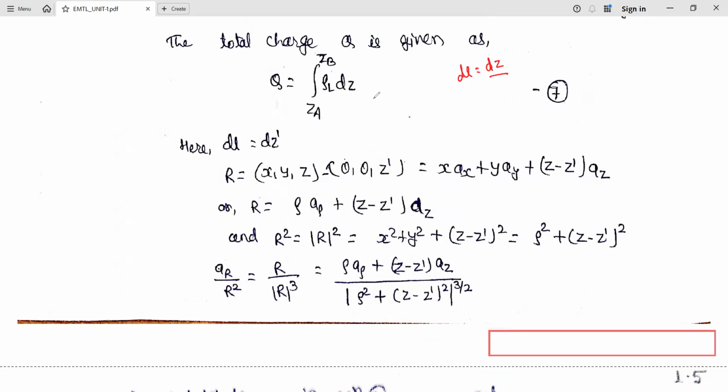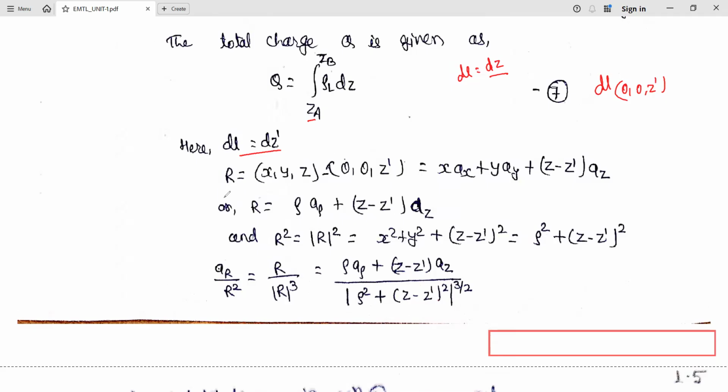And the two ends of this line are ZA and ZB. So finally, this DL can be written as DZ dash, since the coordinate of DL we have taken as 0, 0, Z dash. That is the coordinate of DL, and DL is DZ. So that's why it becomes DZ dash.